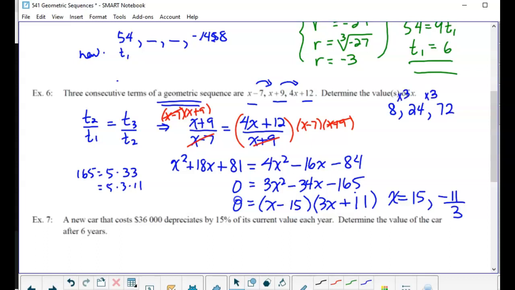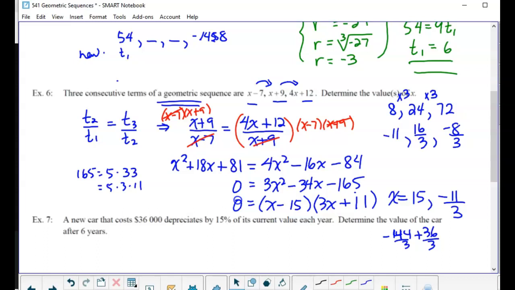If we have negative 11 over 3 minus 7, so it's minus 21, is negative 32 over 3. And then negative 11 over 3 plus 27 is 16 over 3. And then negative 44 over 3 plus 36 over 3 is negative 8 over 3.